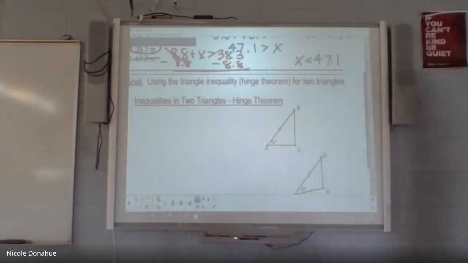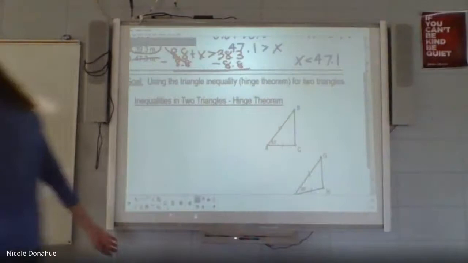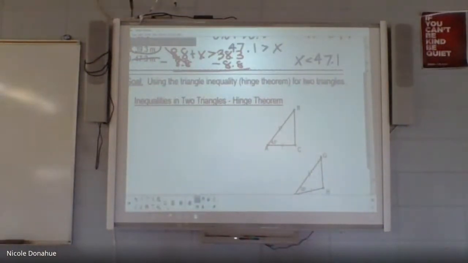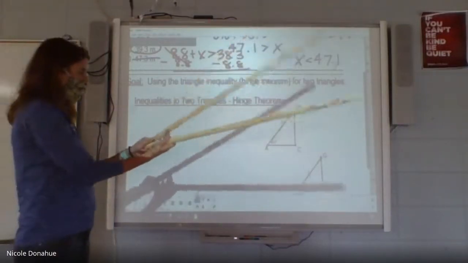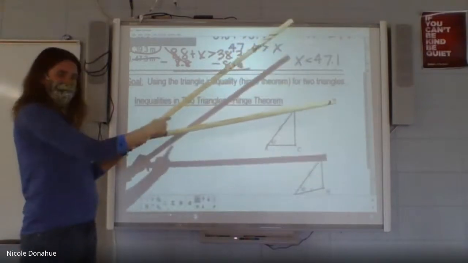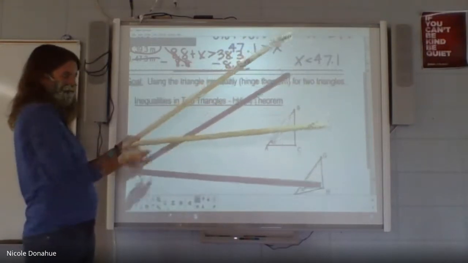What this is saying is going to seem a lot like yesterday, where, if I grab my yardsticks here, we talked about this yesterday, that if this angle is smaller, that distance is going to be smaller.